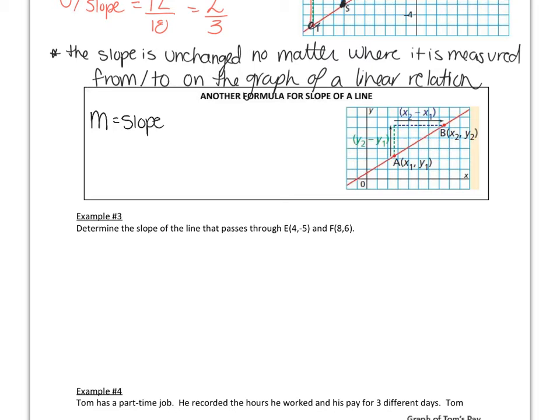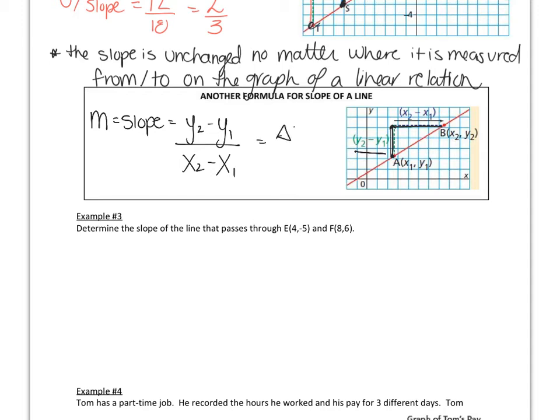So M is the variable for slope, which again was rise over run. So the rise in this case is the final point minus the initial point. So y2 minus y1 all over x2 minus x1.